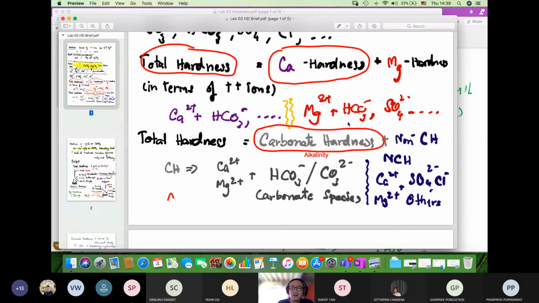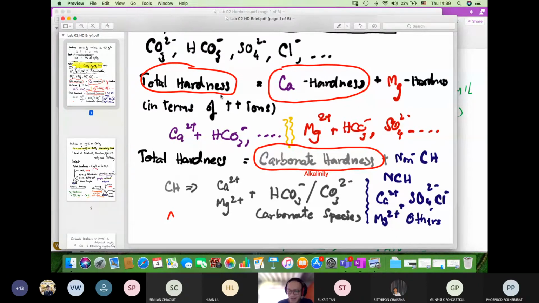In the lab, you can measure the total hardness, and you can also measure the calcium hardness. If you know these two values, you can find out the magnesium hardness, because both hardness units are milligrams per liter as calcium carbonate, so they are the same unit and we can compare.